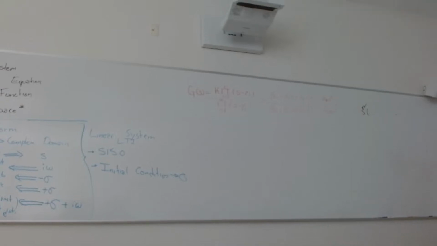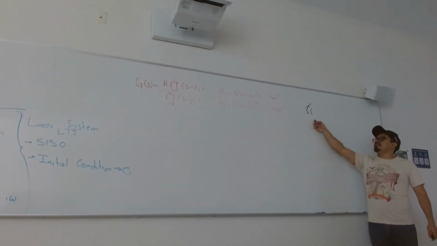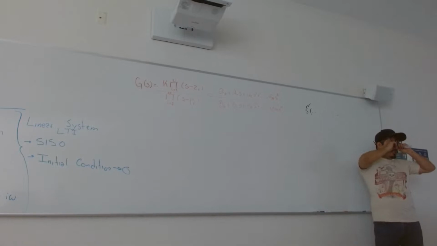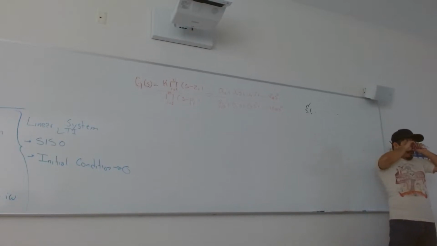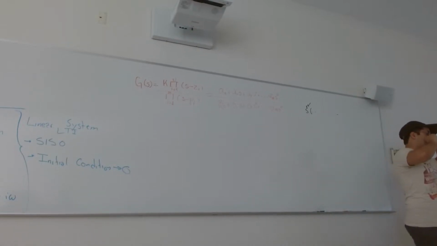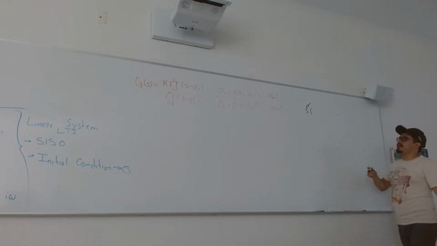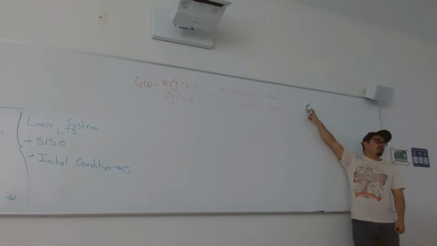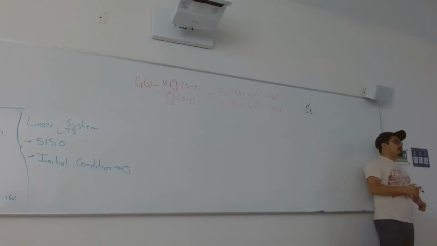But I just want to point out, because as you are reading a lot, you are going to see sometimes that this is a type 0 system, or this is a type 1 system, or this is a type 2 system. The idea of that nomenclature is just the number of integrators. So a type 0 system has no natural integrators.